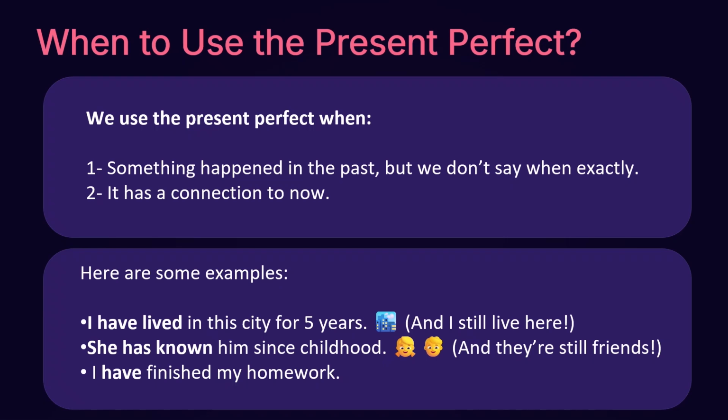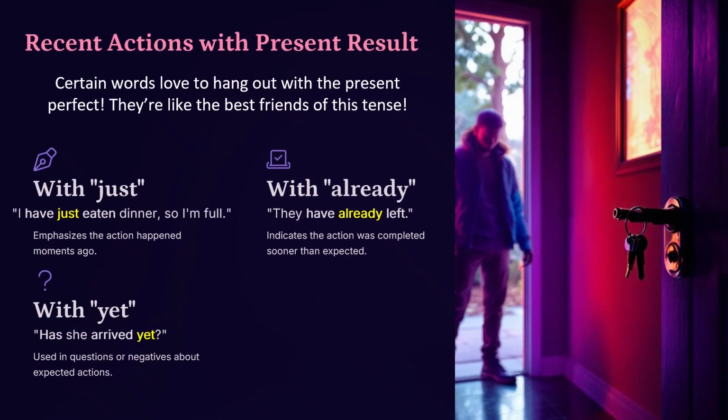Or she has known him since childhood and they are still friends. So you can find a connection to now. And the last example, I have finished my homework. Look, we didn't mention a specific time like yesterday or last week. It's all about the past and now and the connection. Okay, so far so good.